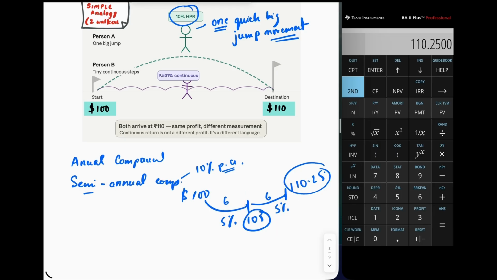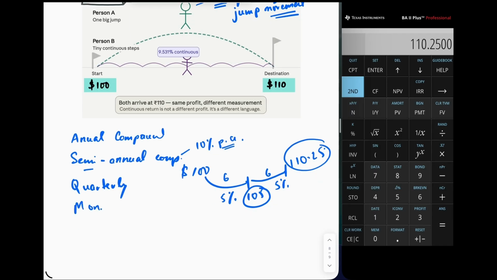For quarterly, interest is applied 4 times a year. For monthly, it is applied 12 times a year. And for daily, it is applied 365 times a year, because there are this many days.